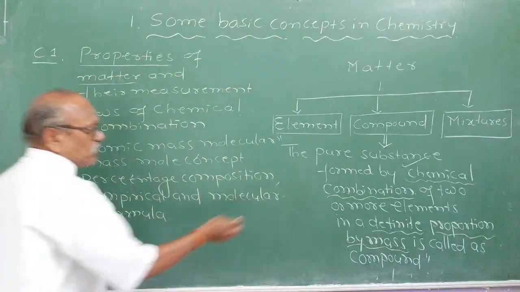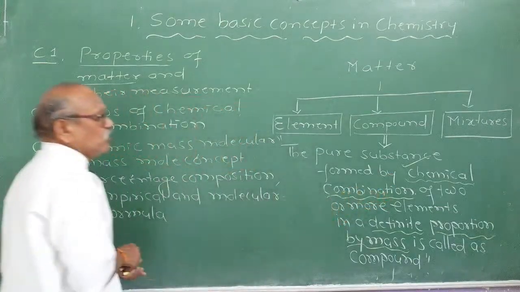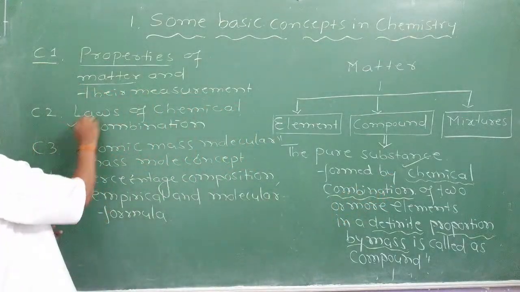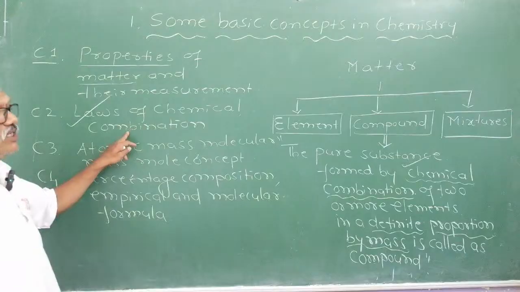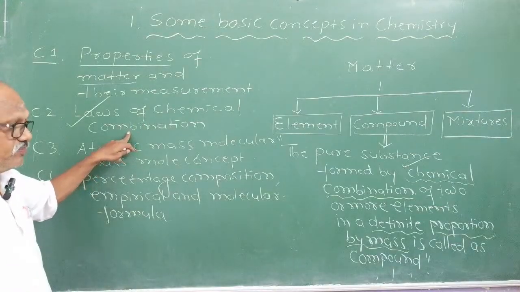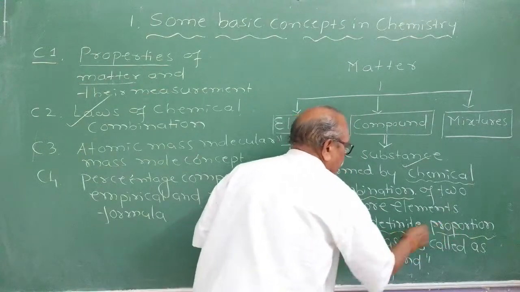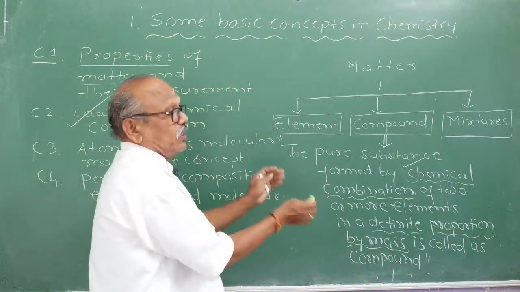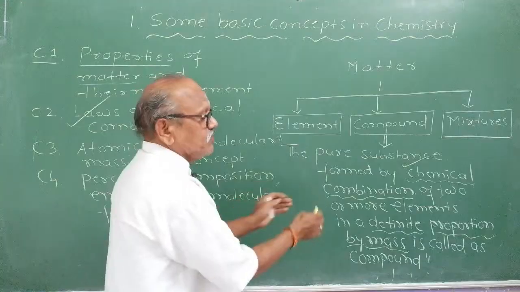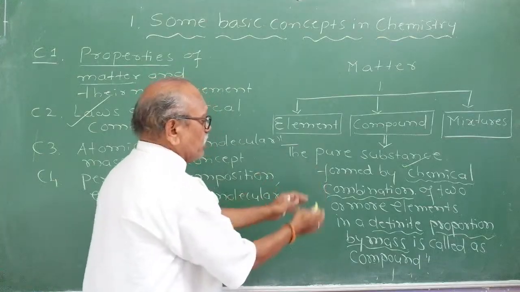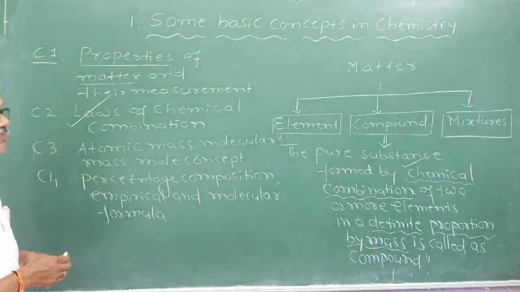This chemical combination follows certain laws. Those laws of chemical combination you are studying in this chapter. Definite proportion means in what ratio they are combining. What is the mathematics behind it? About that you are learning in this particular chapter.